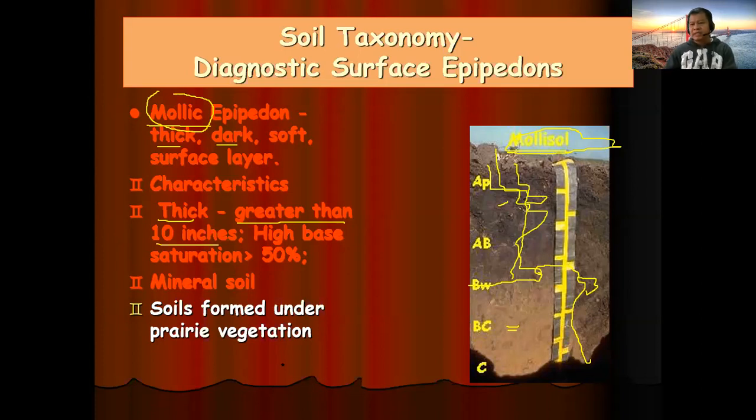Pag sinabing mga base, we're talking about cations, mga basic cations or alkaline cations. So we're talking about calcium, magnesium, potassium, ammonium, or any basic or alkaline cations for that matter. So okay, maraming mga base dyan. So hindi siya acidic kasi marami siyang base na more than 50% ang base saturation niya.